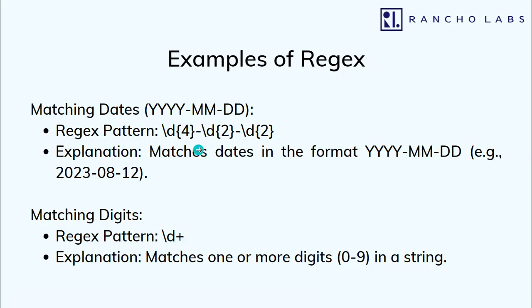If you know how many digits, we can mention it as 4 in the curly brackets or any number. If you don't know how many digits will be in a particular number, then you have to give plus. Plus refers to one or more digits.